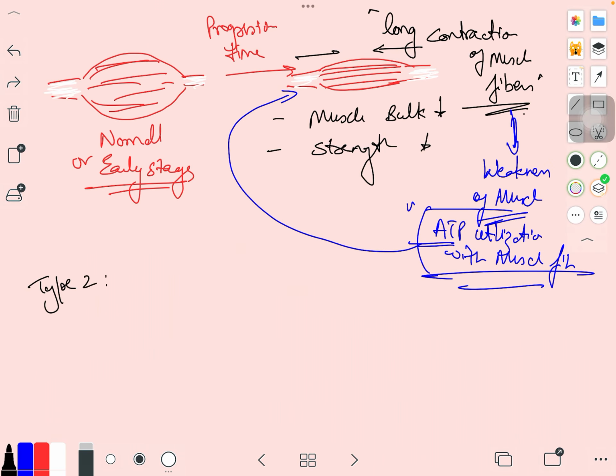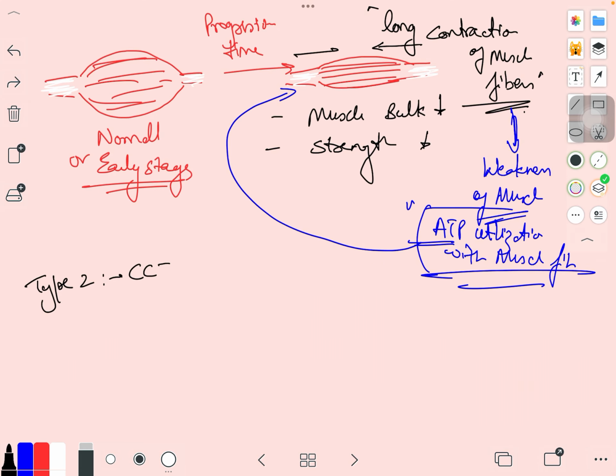The type 2 is not that common, it is less severe, and there were CCTG repeats rather than CTG repeats, which will code for the CNBP gene.